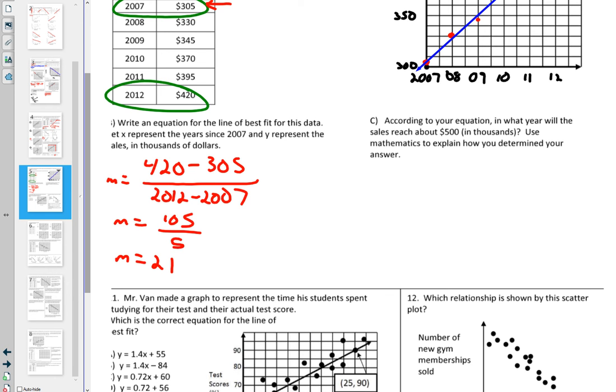So the equation would be y equals 21x plus 305. Did I mess up? Oh, okay, sorry, thank you. So that's 115, and 115 over 5 is 23, which makes it 23x.